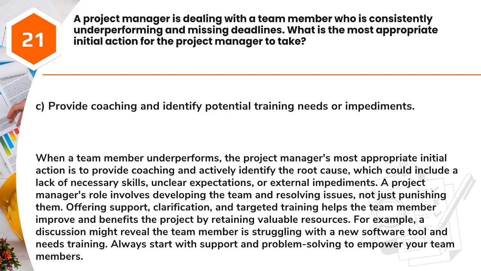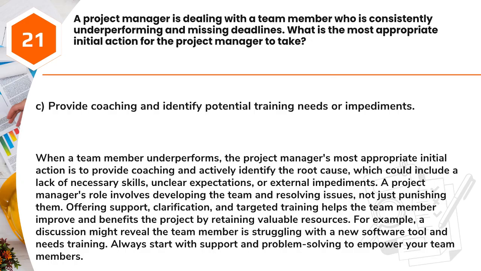Answer: C. Provide coaching and identify potential training needs or impediments. When a team member underperforms, the project manager's most appropriate initial action is to provide coaching and actively identify the root cause, which could include a lack of necessary skills, unclear expectations, or external impediments. A project manager's role involves developing the team and resolving issues, not just punishing them.